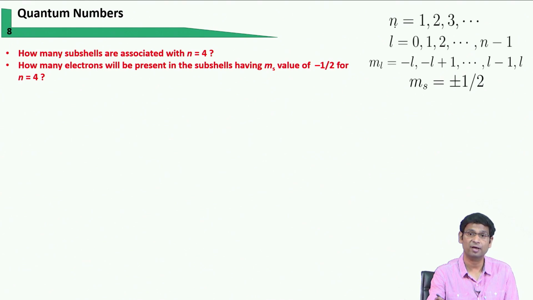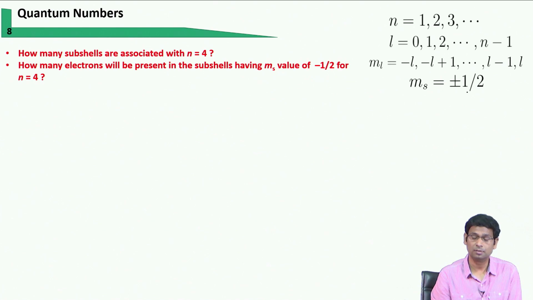Therefore, once we define n, we have an upper limit of L. Again, for each value of the azimuthal quantum number, we have the associated ml, or the magnetic quantum number, which goes from minus L to plus L in steps of 1. And apart from these 3 quantum numbers, the electron also has a spin, and we denote it with the spin quantum number ms equals plus half or ms equals minus half, signifying the up spin or down spin of the electron.